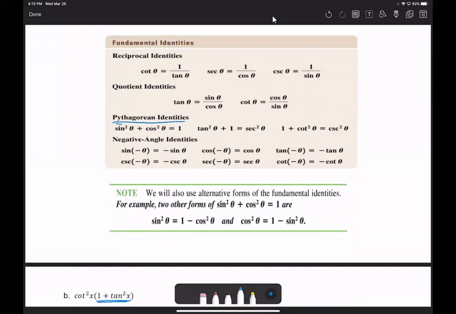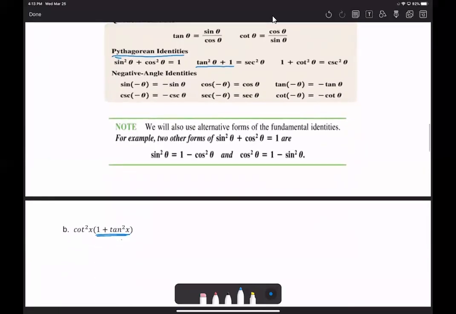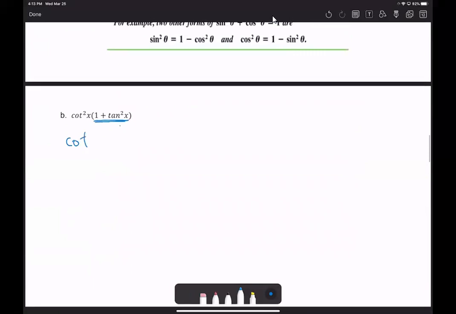So if you look here, notice tan squared theta plus 1 is the same thing as 1 plus tan squared of x. We're just saying the angle is x here, and up here it's theta. It doesn't matter. So then it tells me that that's secant squared x. So we can actually replace the 1 plus tan squared with secant squared x.